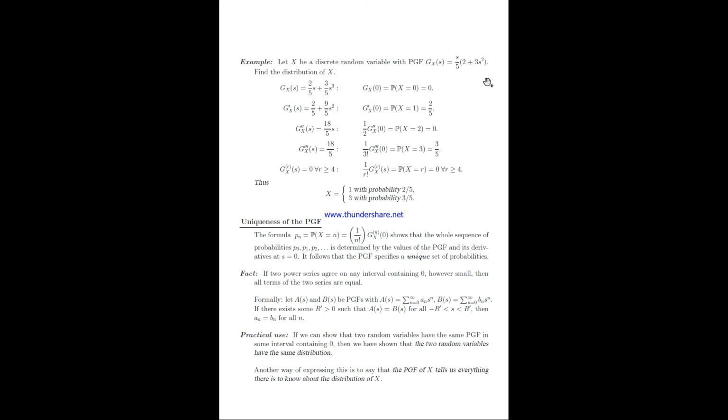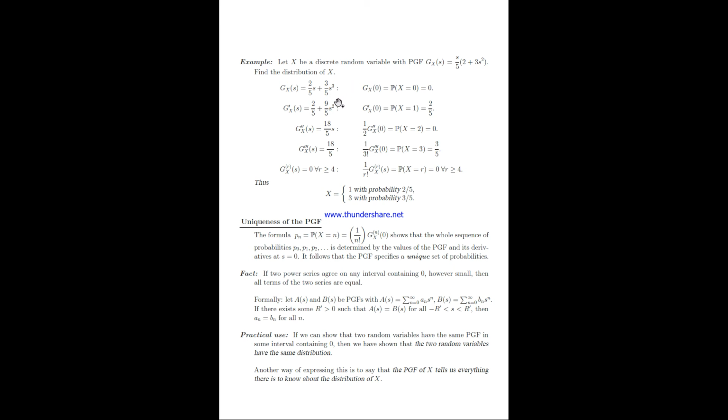We know that when you have a probability generating function, if you substitute 0, you get the value of P0, in other words the probability where x is equal to 0. So you take the probability generating function and substitute 0 for s, and you can see it adds up to 0. That is, the probability where x equals 0 is 0.